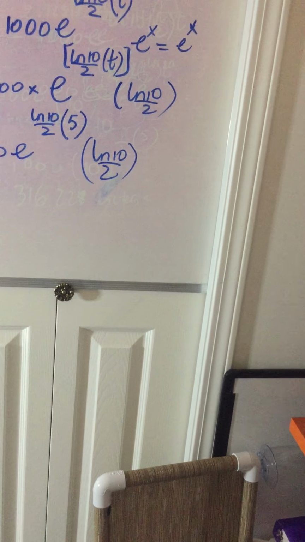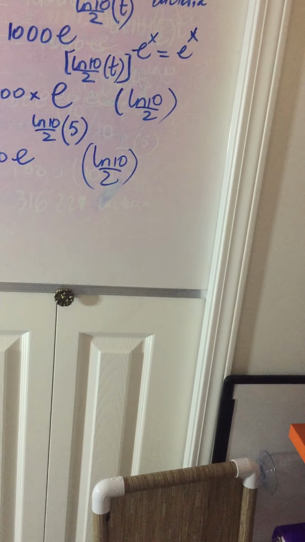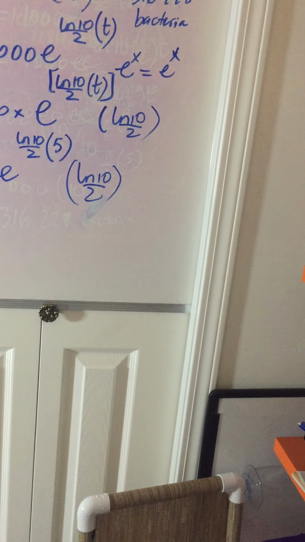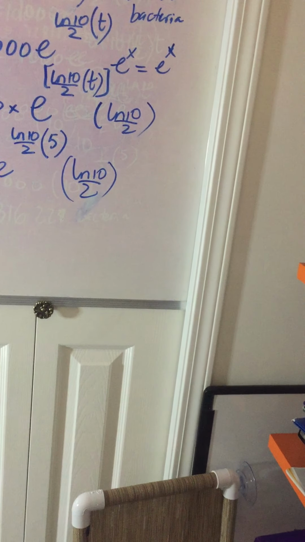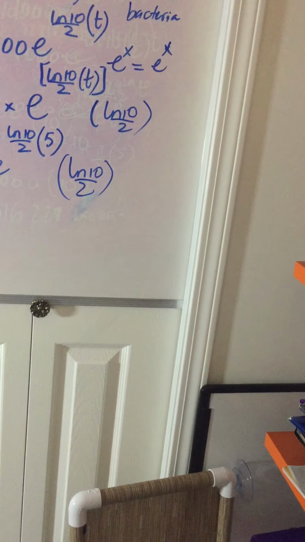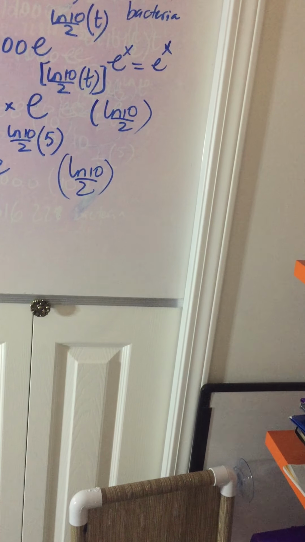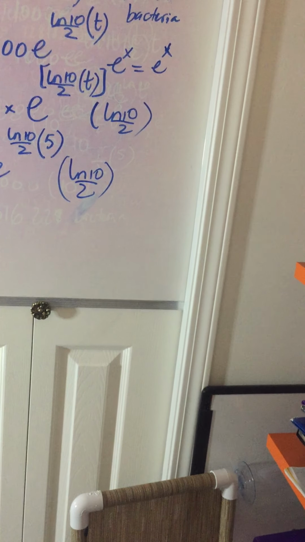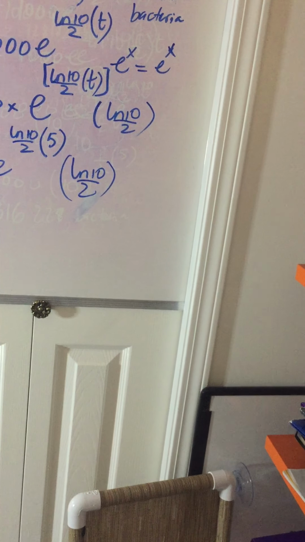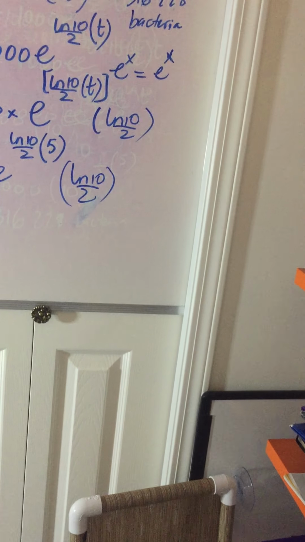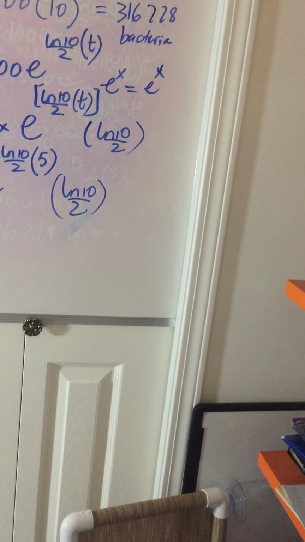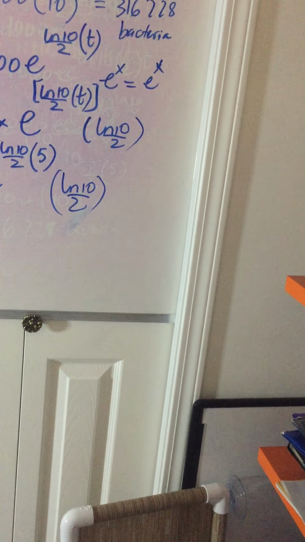Times the 2.5, and enter. And times ln 10 divided by 2 again, and times 1000.